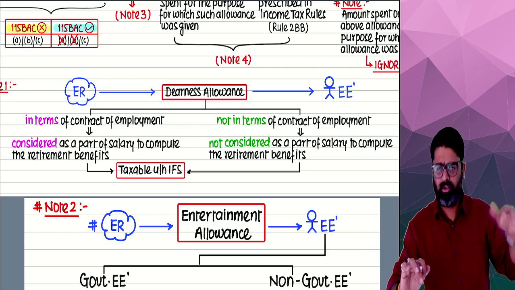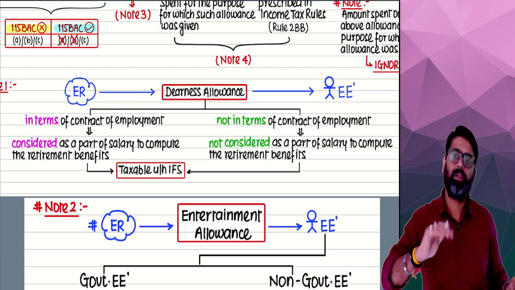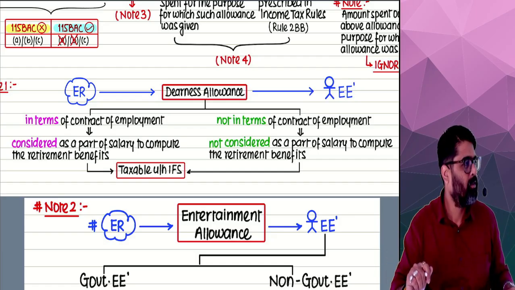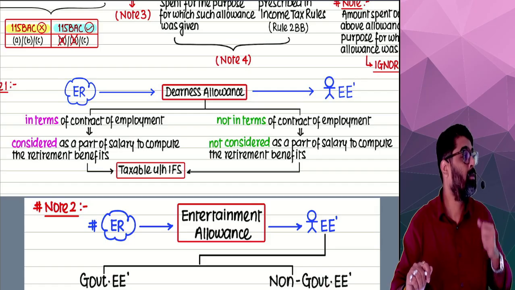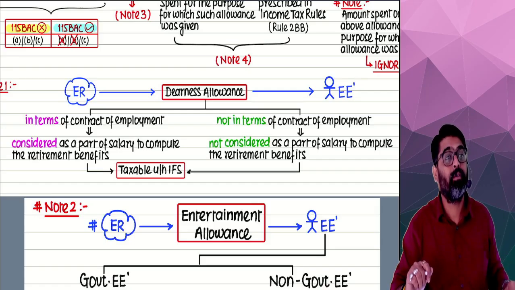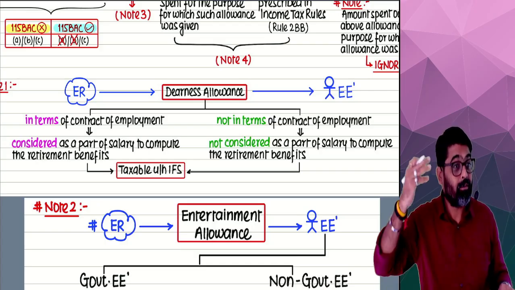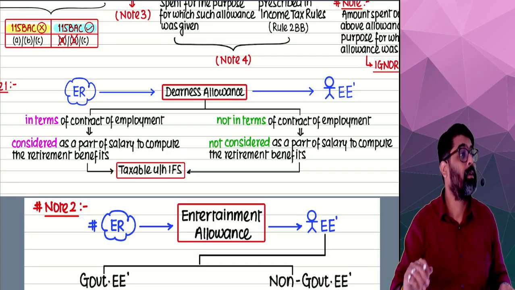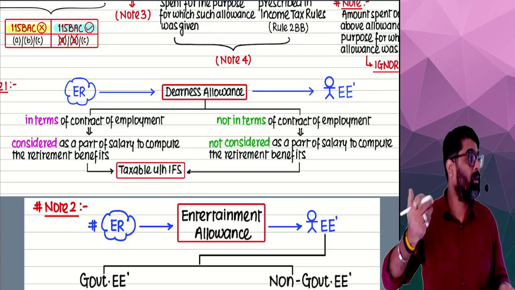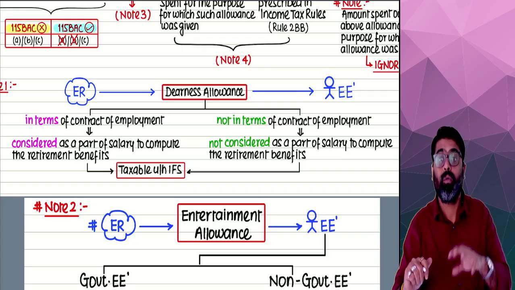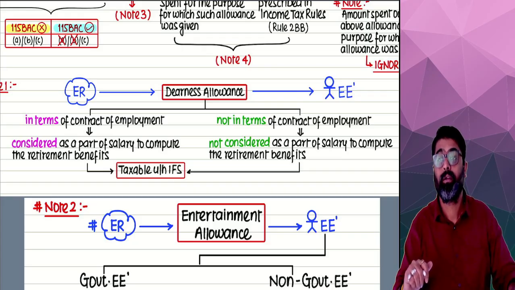That DA is not written in the contract, but don't worry, I'm still going to give it. So you will say, oh my God, my employer is so good. He is giving me DA without even writing it in the contract. Hello? He's an angel? Rubbish angel. This angel is shaving lakhs of rupees off the retirement benefits which he would have given if the DA had been shown properly in the employment contract. Yes or no?